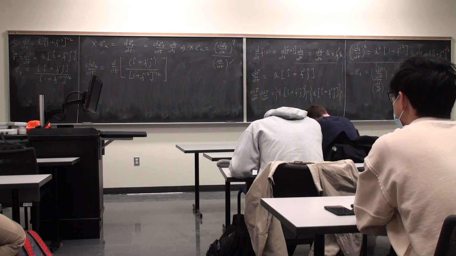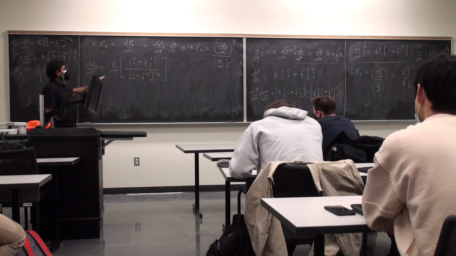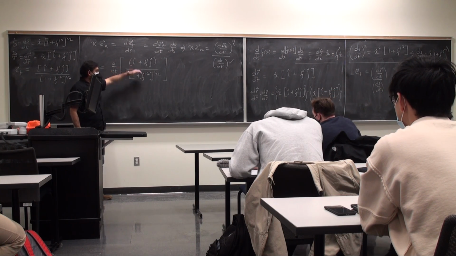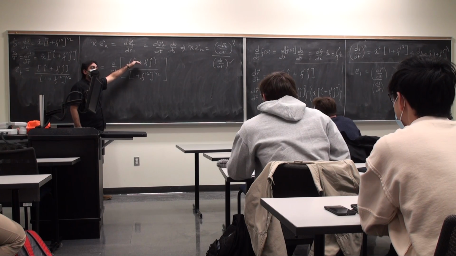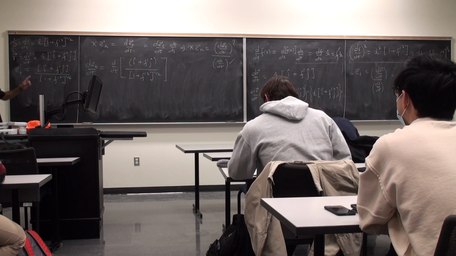I am making use of the product rule in differentiation. Essentially, I'm going to first differentiate the numerator, keep the denominator fixed. Then I'm going to differentiate the inverse of the denominator, 1 by 1 plus f prime square, while keeping the numerator fixed. This is going to be quite painful, but we'll do it.